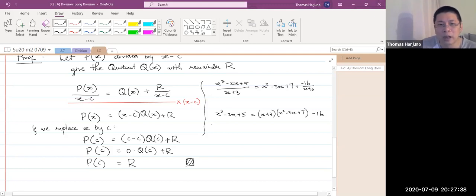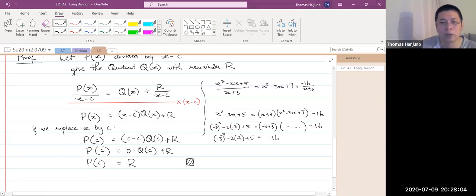When I replace my x by negative 3, this will be 0 here, whatever, minus 16. So if you plug negative 3 into the polynomial, that's the same as the remainder of the polynomial divided by x minus c, divided by x plus 3.